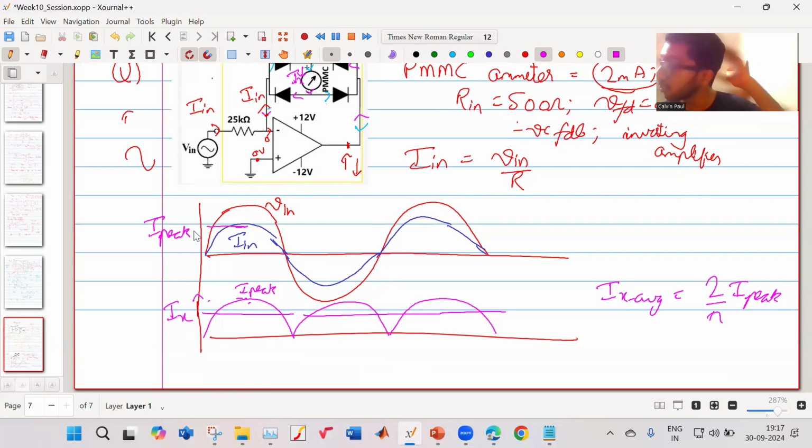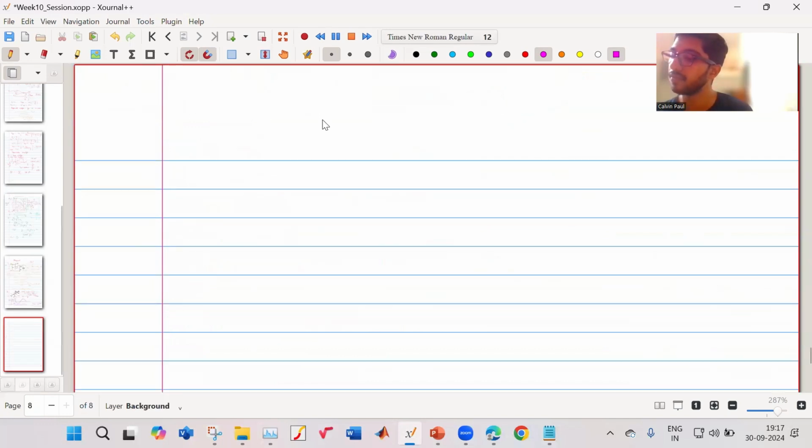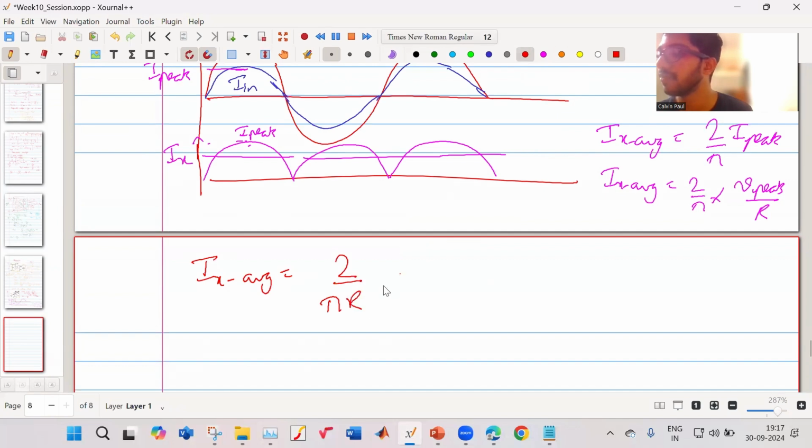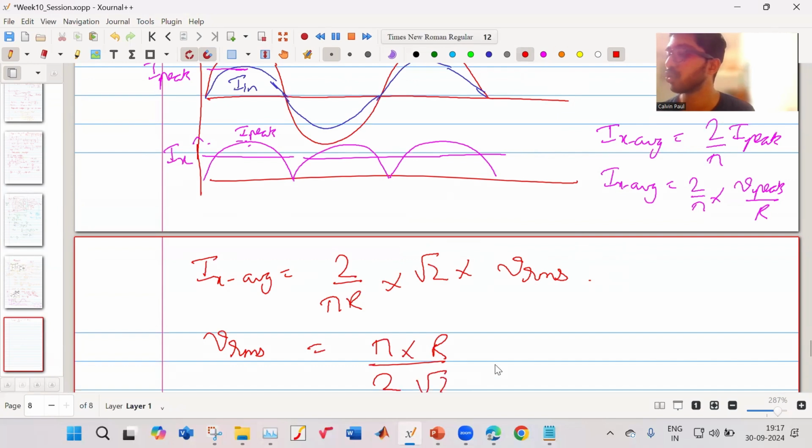And we know I in is V in upon R. So Ix average is 2 upon pi into V peak upon R. Your V peak is equal to root 2 into V RMS, so your V RMS is equal to pi into R upon 2 into root 2 into Ix average.